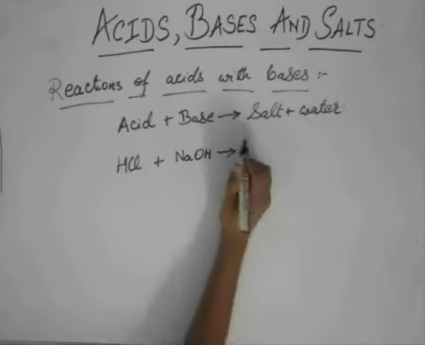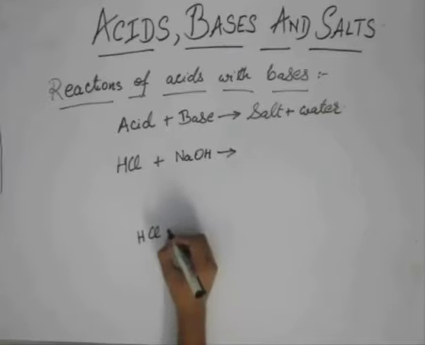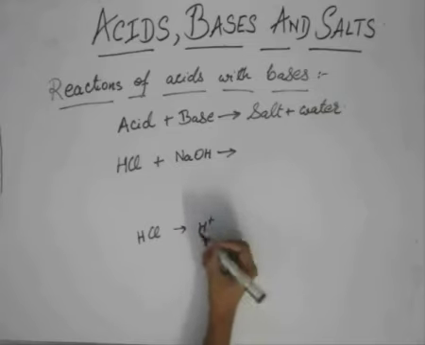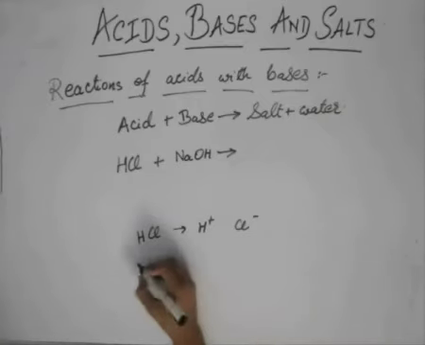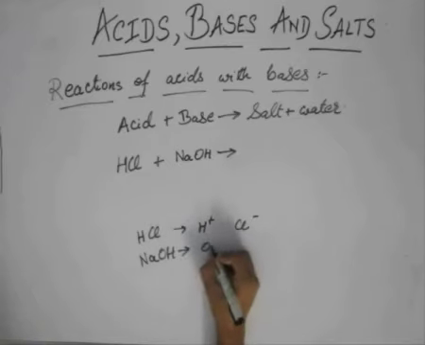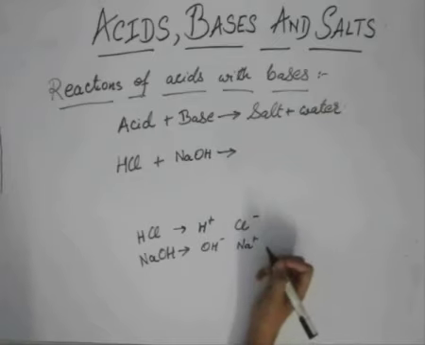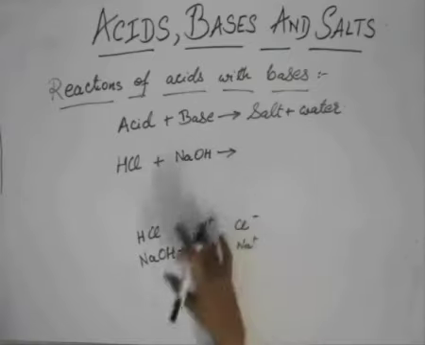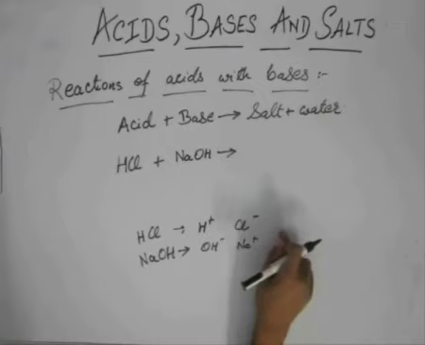What actually happens is that this HCl is an acid, so it gives out this H+ ion, and it also has to give out Cl- ion. And NaOH, which is a base, will give out OH- ions and Na+ ions. So now these four types of ions are present.